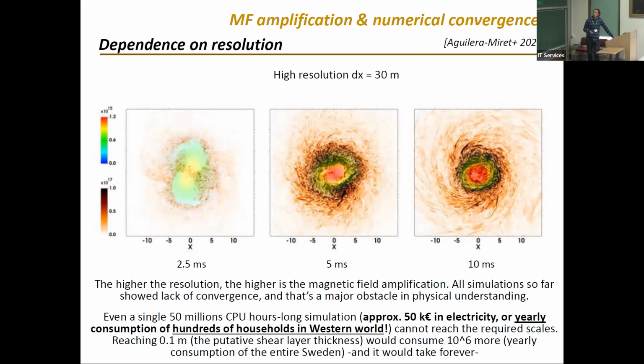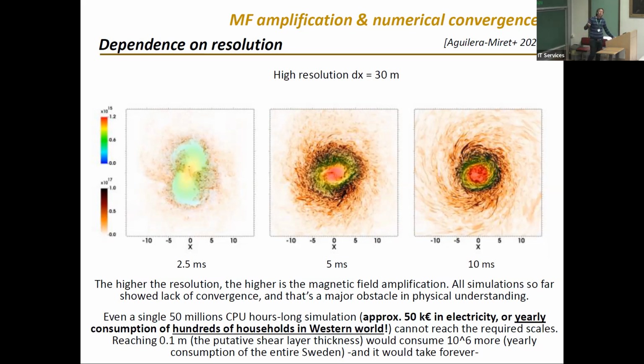What's the problem? By brute force, doubling the resolution, you can reach only up to a certain point. Just to give you an idea, a simulation like this to cover up to 50 milliseconds, which is a good time scale, but still short compared to what you would need to get final answers, needs basically tens of millions of hours of simulation, which translate into tens of thousands of euros, and probably it's going to increase in the next months, right?